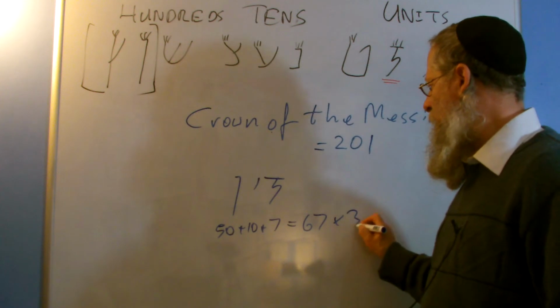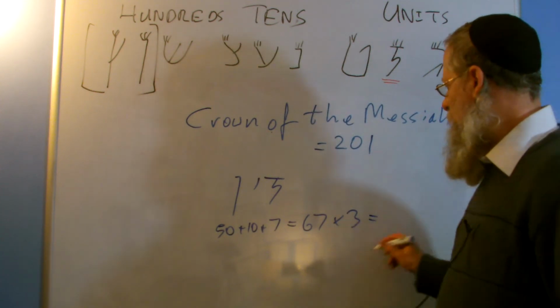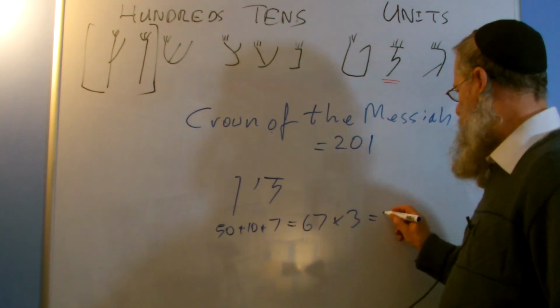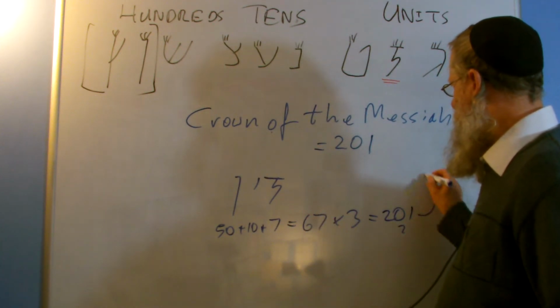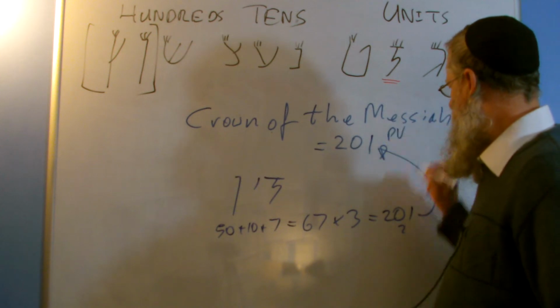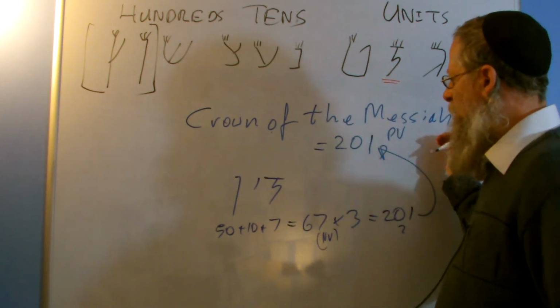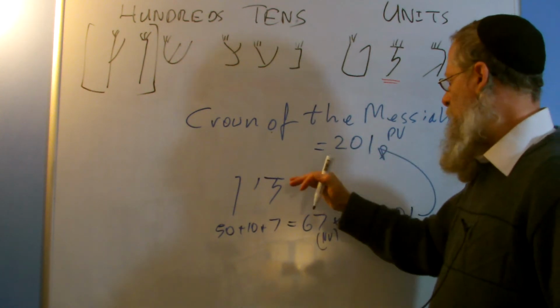If I multiply that by 3, I get 3 times 7 is 21, and 3 times 6 is 18, plus 2 is 20. So I get 201. This is the placement value. This was the normal value. So we see a connection between the crown of the Messiah and 3 Zayins.